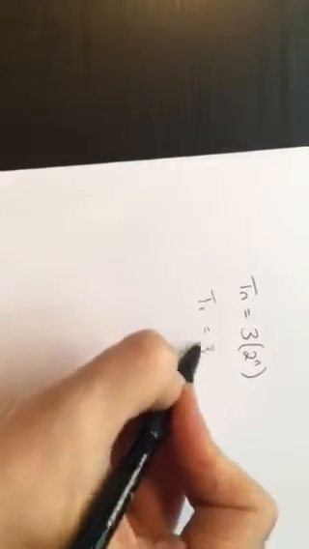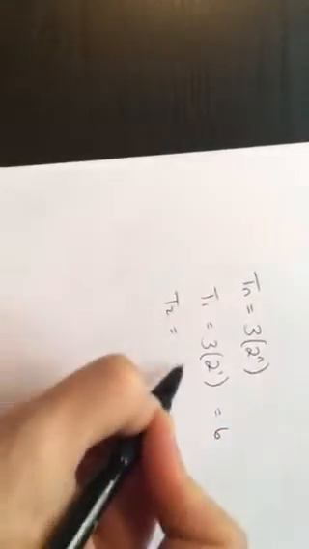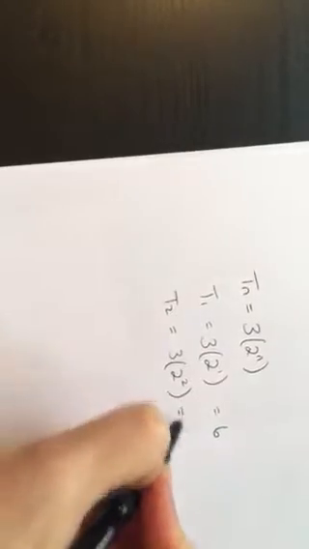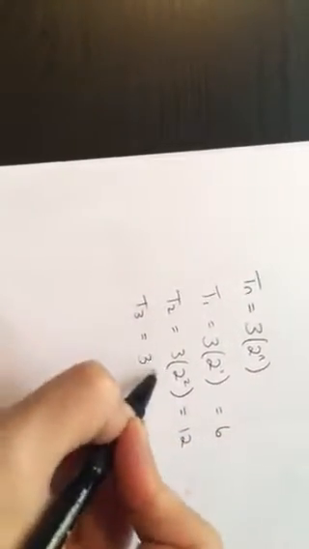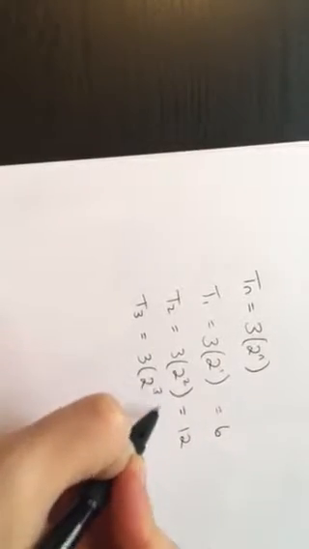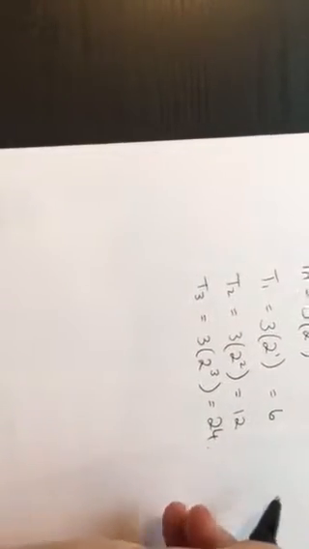Anywhere I have an n, I should be putting in a 1. That gives me 6. T2. Anywhere I have an n, I'm putting in a 2. That gives me 12. T3. Anywhere I have an n, I'm putting in a 3, which gives me 24, and so on. And I can see there my common ratio, again, is being multiplied by 2.